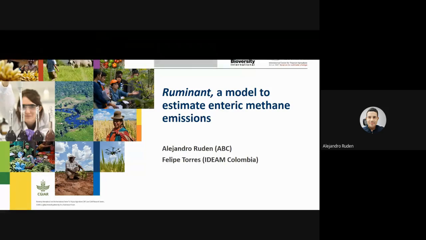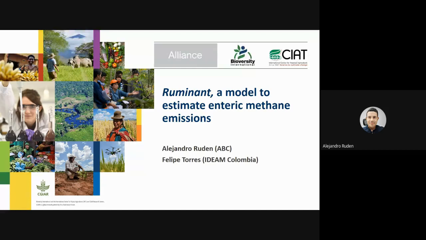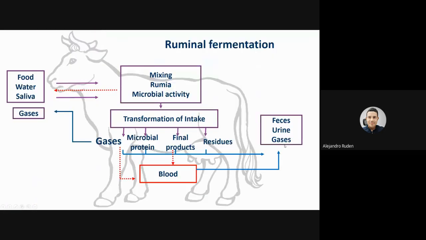So we are going to share with you one of the many models that we have used to estimate GHG emissions, and specifically methane emissions from the livestock sector. As an introduction to this topic, the digestive process of ruminants is very particular and very interesting from the biological point of view. In this process, as we see here, multiple factors intervene to finally produce the products that the animal needs for its life process.